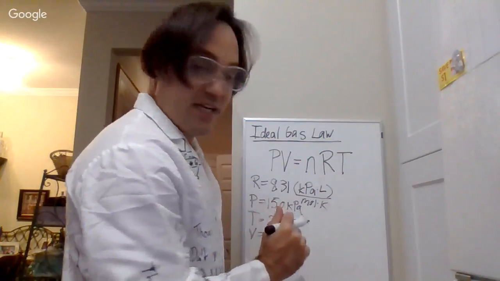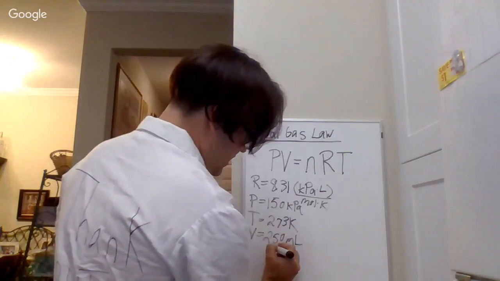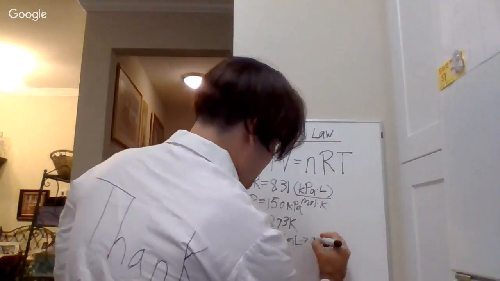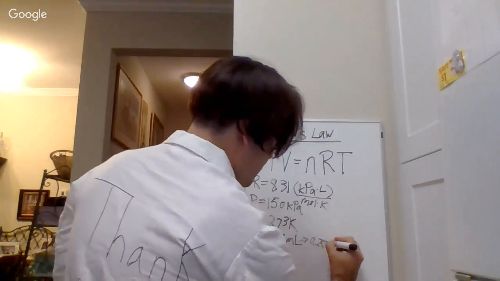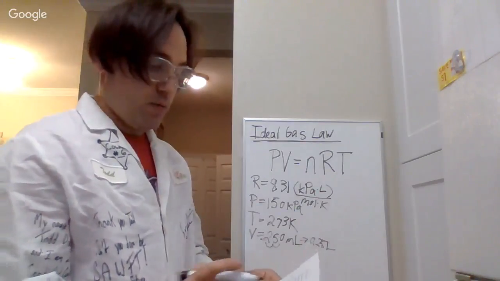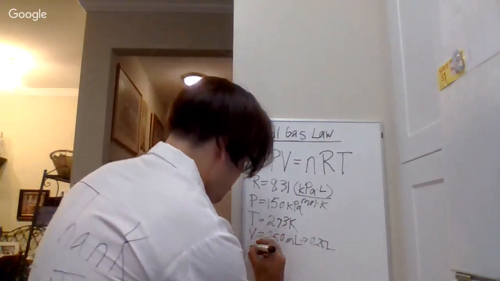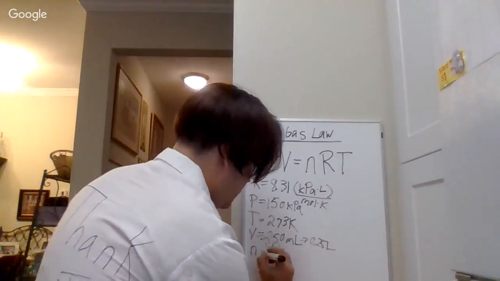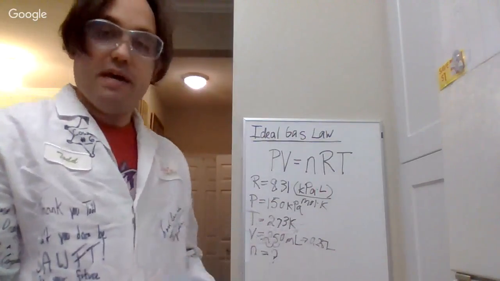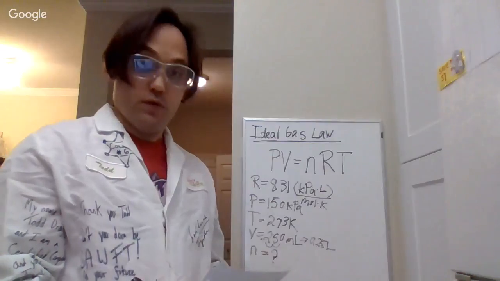Since 1 liter equals 1,000 milliliters, we'll just go over 3 spots, and we will have 0.25 liters. Okay, and then what we want to know, as I stated before, are the moles. Moles are unitless. So now we have all our information, and we can go ahead and solve for moles.